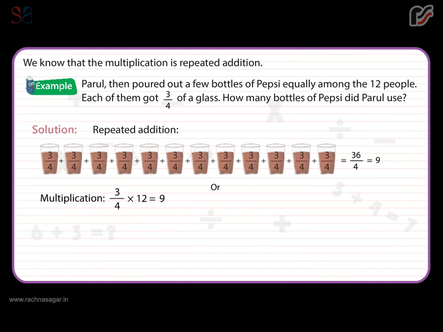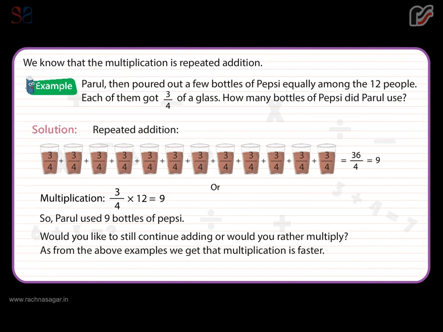Or multiplication. 3/4 multiplied by 12 is equal to 9. So, Parul used 9 bottles of Pepsi. Would you like to still continue adding or would you rather multiply? As from the above examples, we get that multiplication is faster.